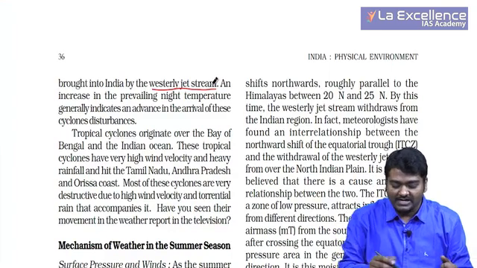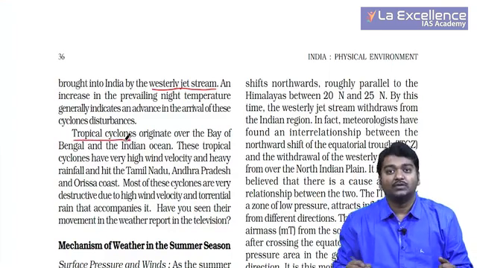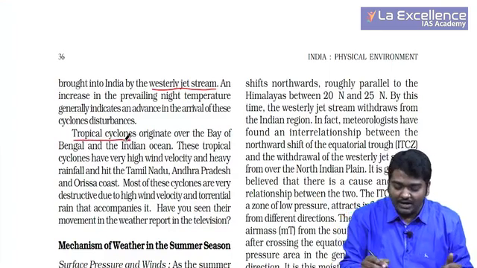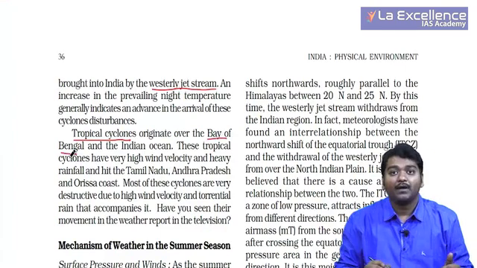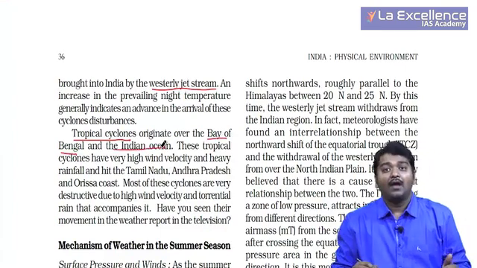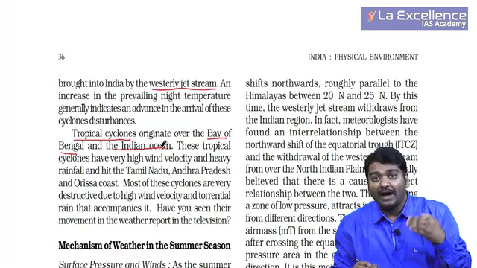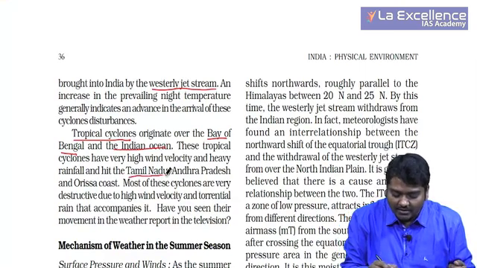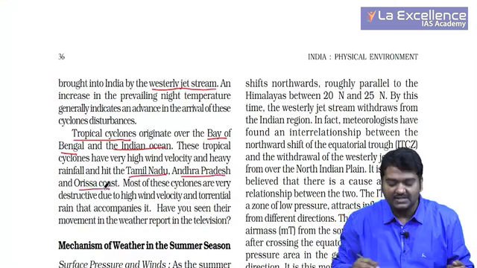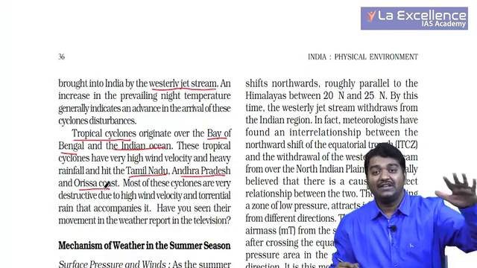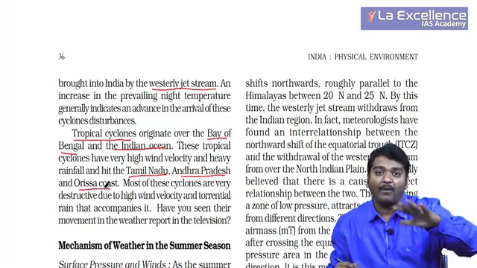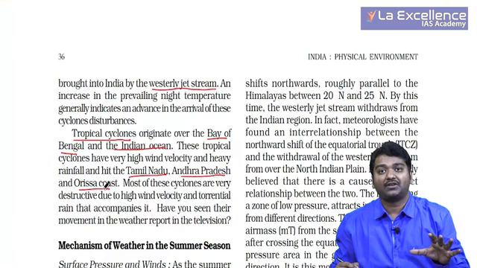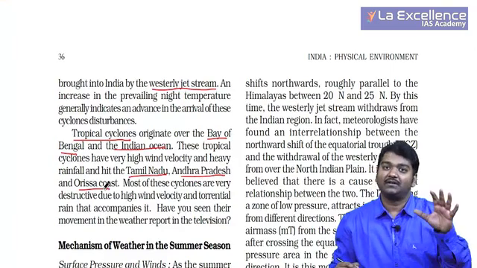Then we need to understand that tropical cyclones originate at the same time over the Bay of Bengal and the Indian Ocean, and they come with high velocity and hit the Tamil Nadu, Andhra Pradesh and Odisha coast, and as this region has a high density of population, they create more damage in this region.